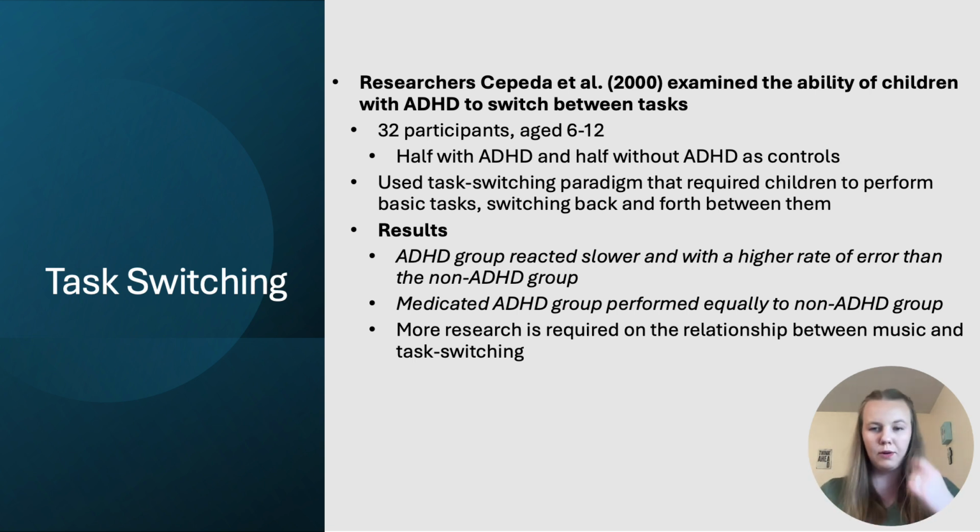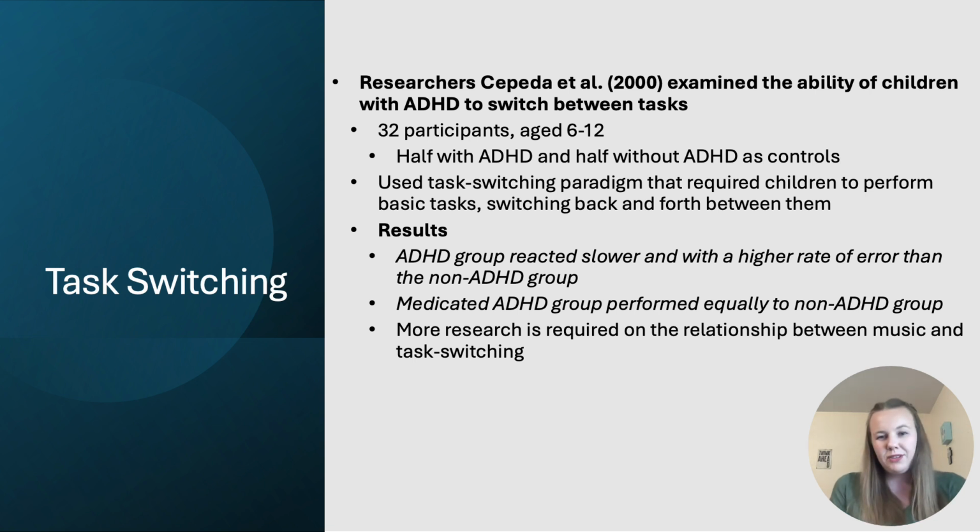They essentially required children to perform basic tasks and then to switch back and forth between them and see how they responded. The results showed that the ADHD group reacted slower and with a higher rate of error than the non-ADHD group. But the medicated ADHD group actually performed about the same as the non-ADHD group, which confirmed a lot of evidence that the medication does really help decrease those negative symptoms.